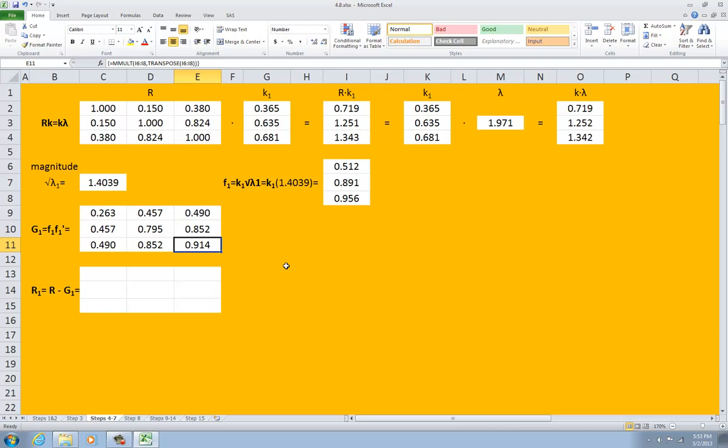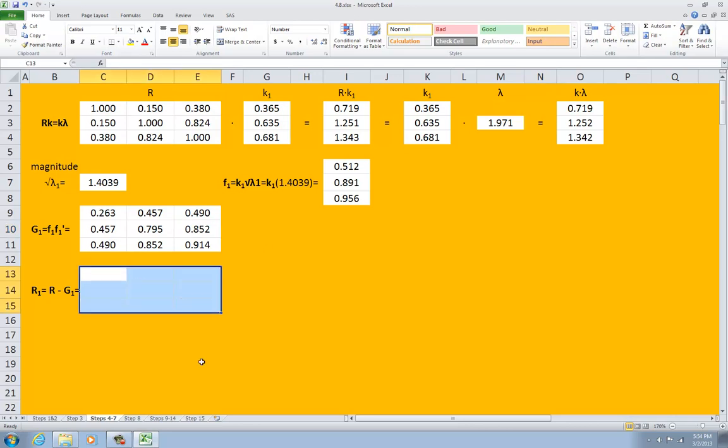The off-diagonals in the G1 matrix give the amount of covariance in each pair of variables accounted for by each factor. We subtract this G1 matrix from the R matrix to find out how much variance and covariance is left over after factor 1 is extracted. In other words, the amount of variance and covariance not accounted for by factor 1, which is what we want to get at. So we do that here.